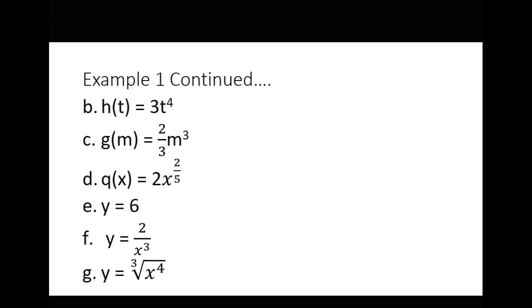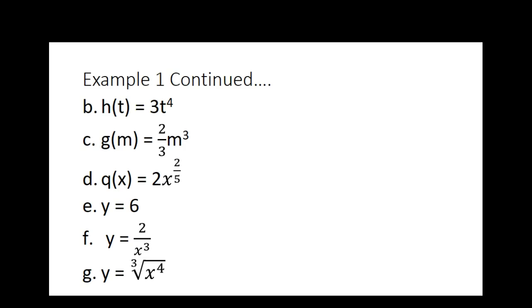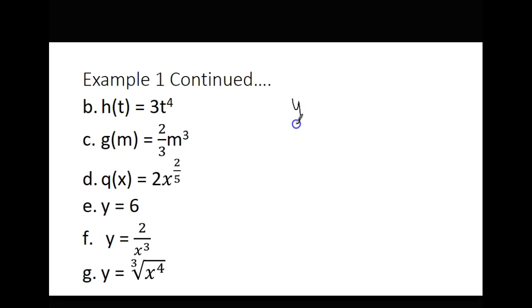All right, let's do the next one, part F. So we have y equals 2 over x to the 3rd power. Okay, so this is a special circumstance. When your x is in the denominator, that's not a power function. That's a rational function.